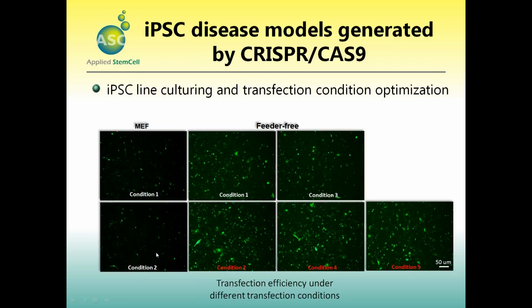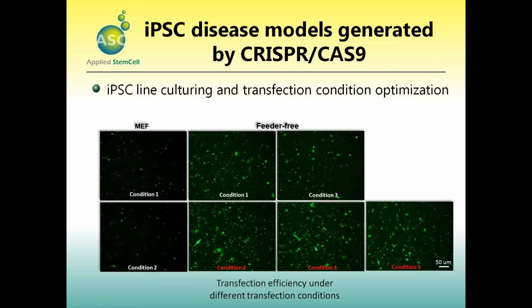On the left, there are two transfection conditions using feeder-based systems. If we compare to the same transfection conditions with feeder-free systems, we saw that the efficiency for transfection is dramatically improved in the feeder-free systems. So the conclusion is feeder-free systems is better for transfection efficiency in our hands.